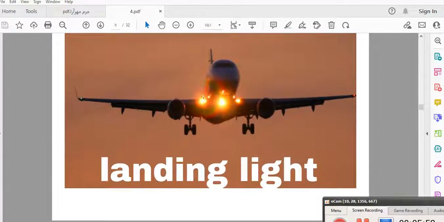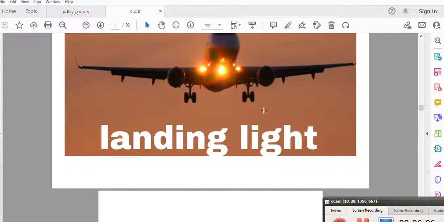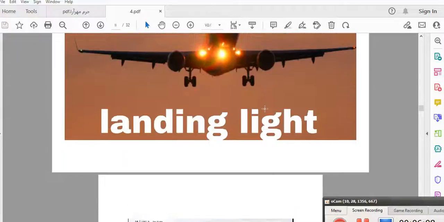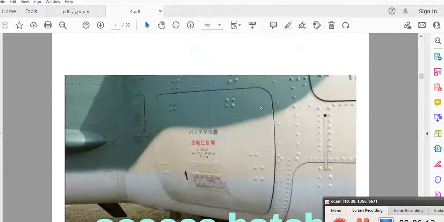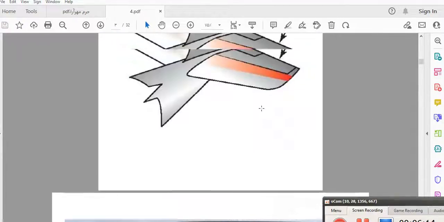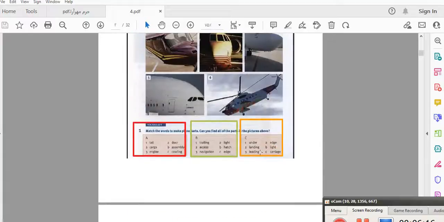Landing lights. When you want to land on a runway, we should turn on the landing lights. Landing lights are here. So they are really important for your final exam. You should match them in this part. You see, matching them. For example, number 1, tail assembly. I showed you these in the pictures.